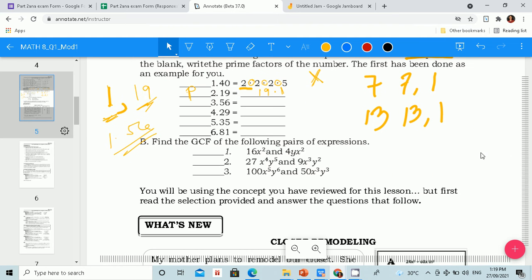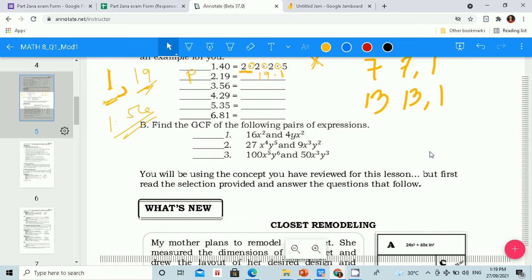Now we have letter B. Find the GCF of the following pairs of expressions. So GCF, greatest common factor. In this number, we have 16 and 4.